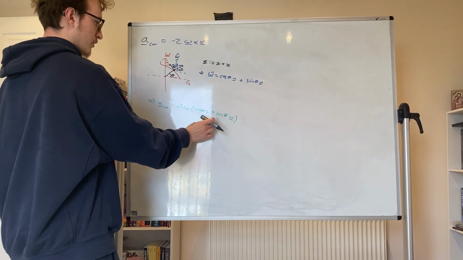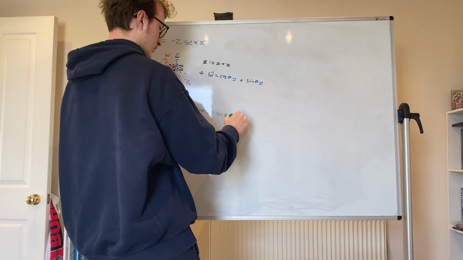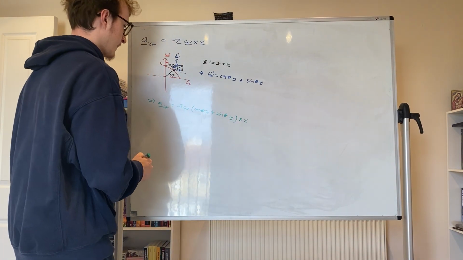So cos theta in the north plus sine theta up, crossed with our velocity v.